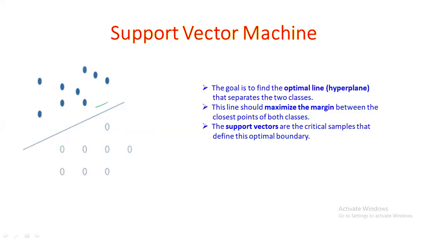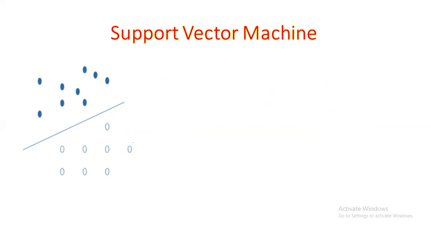And here the goal is to find the optimal hyperplane. This is the hyperplane. To separate these two classes, this line should maximize the margin between the closest points of both classes. And the support vectors are the critical samples that define this optimal boundary.